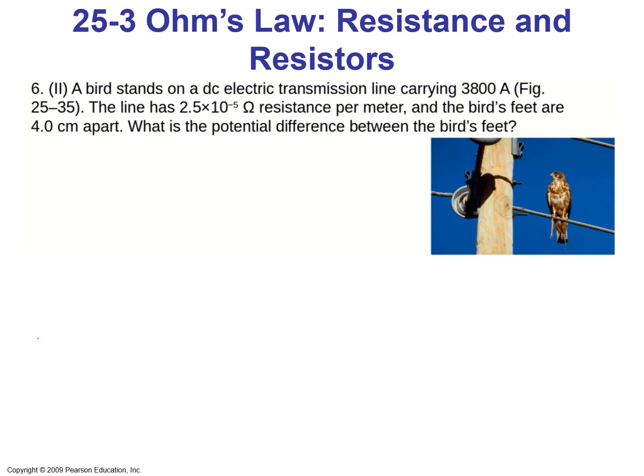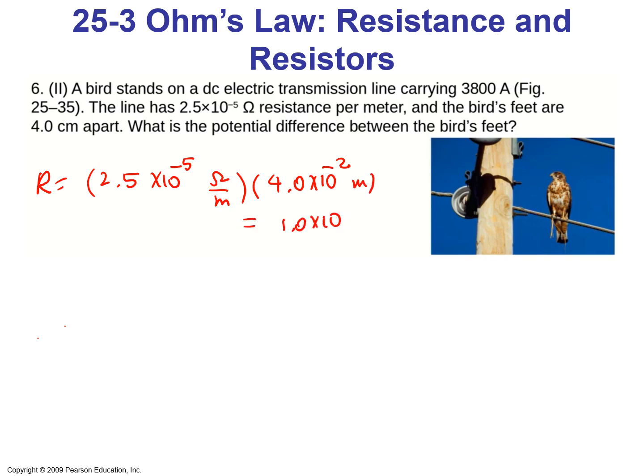The feet are 4 centimeters apart, so the resistance is 2.5 times 10 to the power minus 5 ohm per meter multiplied by 4 times 10 to the power minus 2 meter, and this gives us 1 times 10 to the power minus 6 ohms.